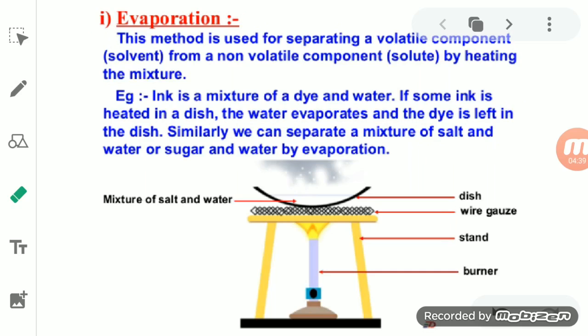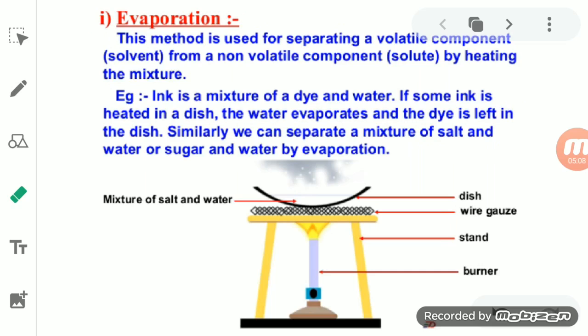Now see, when you do the process of evaporation, the dissolved substance, the solute, is left as a residue. This happens when all the liquid has evaporated. So after evaporation, the solute substance will be left as a residue.